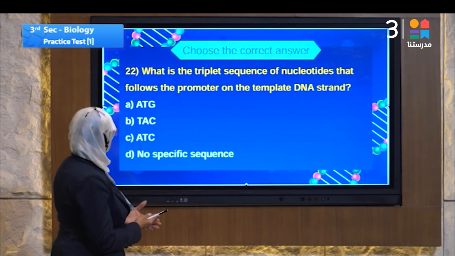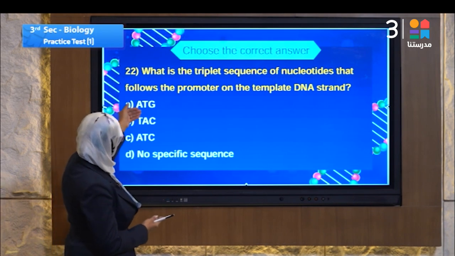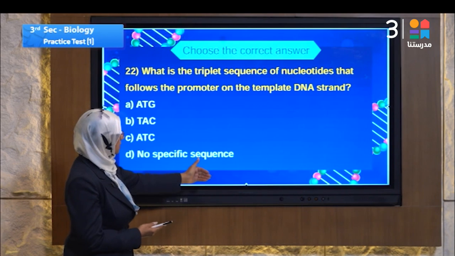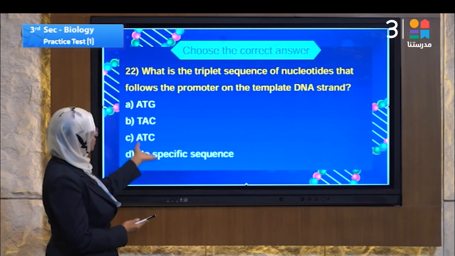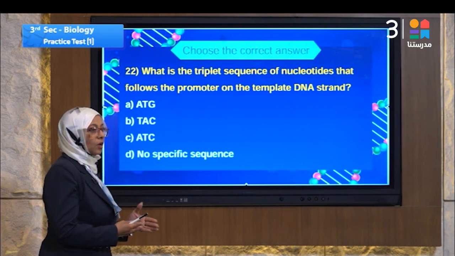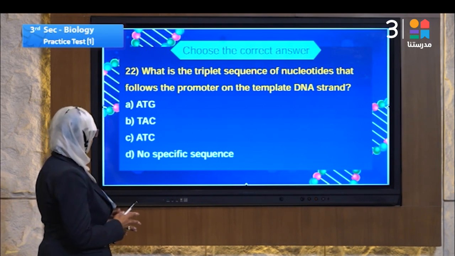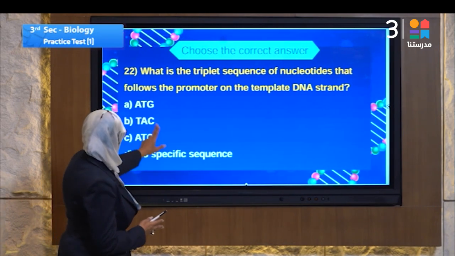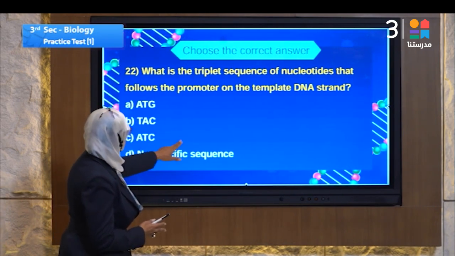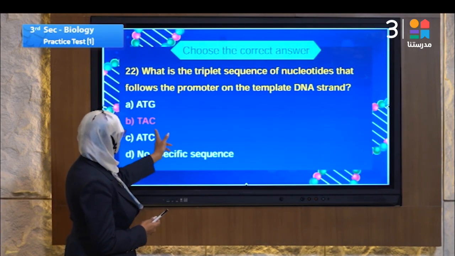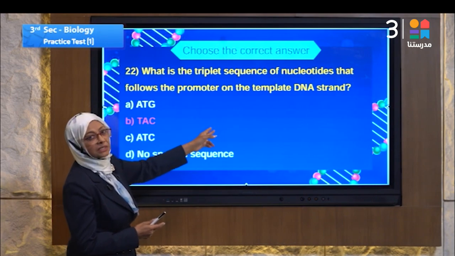It must be one of them: ATG, TAC, ATC, no specific sequence. Okay, promoter means that the RNA will be formed. RNA formed, that means TAC. The answer must be TAC because it follows the promoter on the DNA strand.